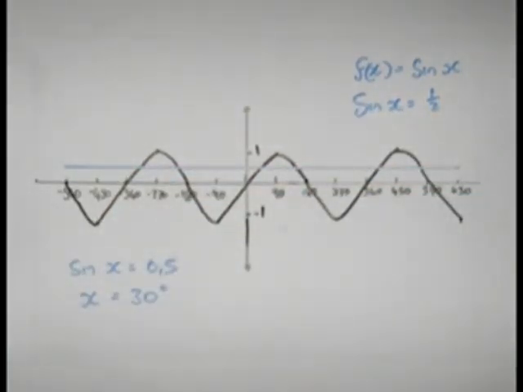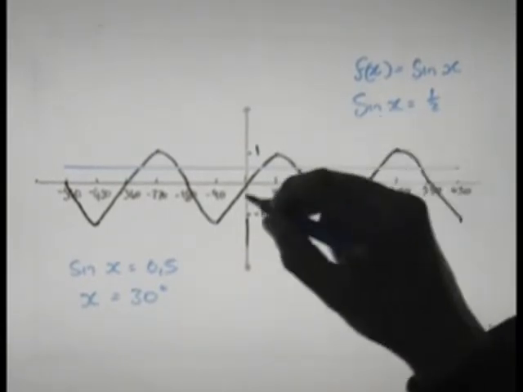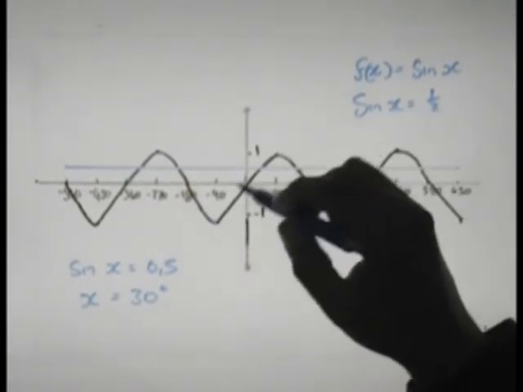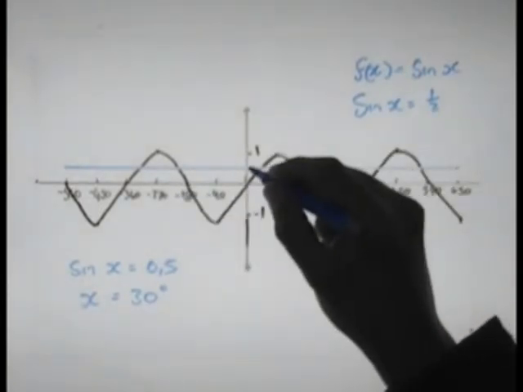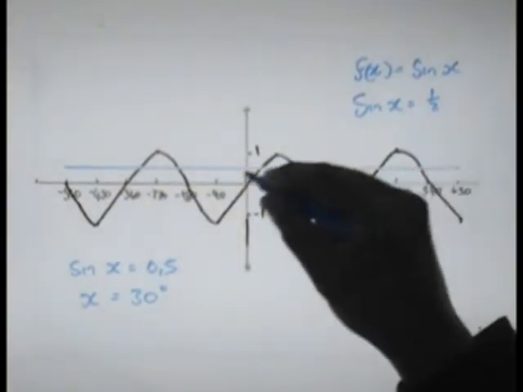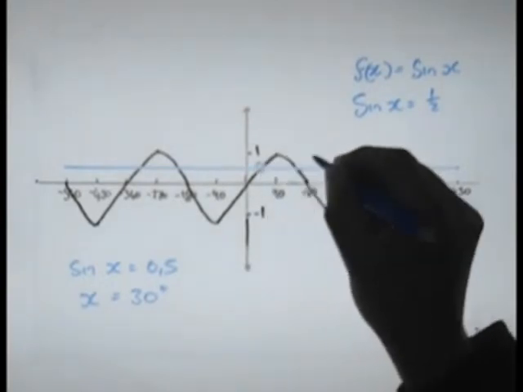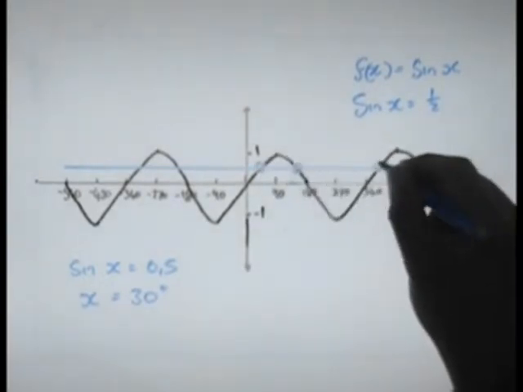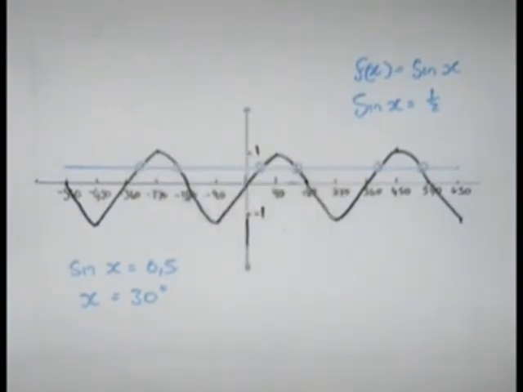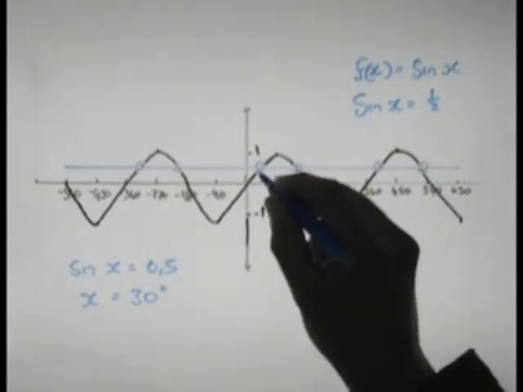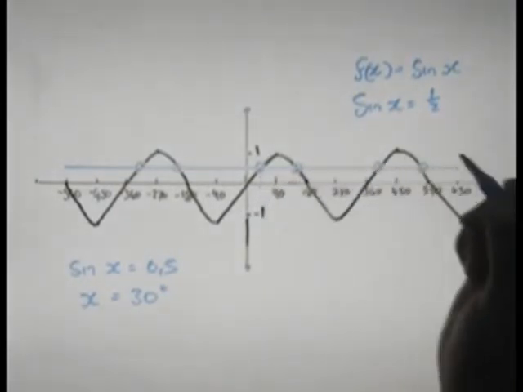The different x values are going to tell us where sine of x, now this is the graph sine of x, hence wherever sine of x touches this blue line that I've drawn is where sine of x is equal to a half. Notice something. There's a lot more solutions than just 30 degrees. There's 30 degrees.